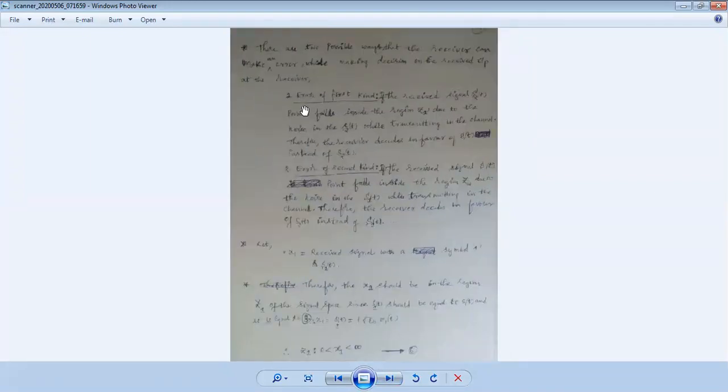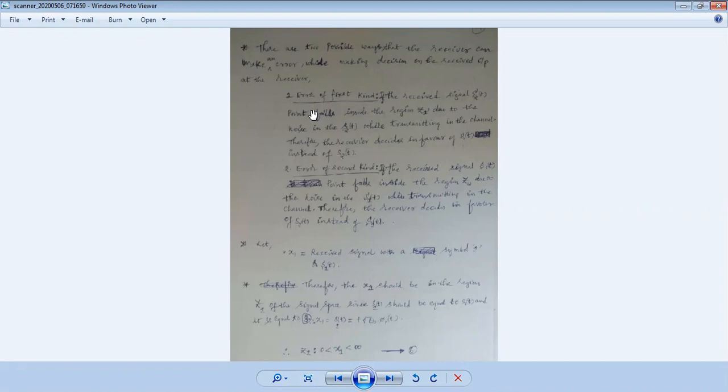Now we need to look back. By looking at the BPSK transmission, BPSK coherent, and the block diagram, and how the decisions are taken with the decision device from the binary detection point of view, we say that there are two possible errors.